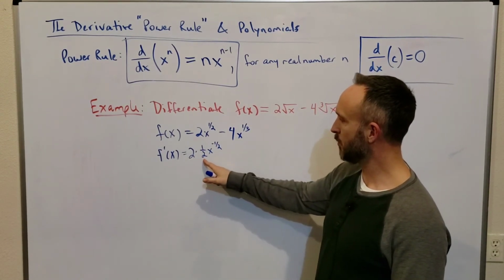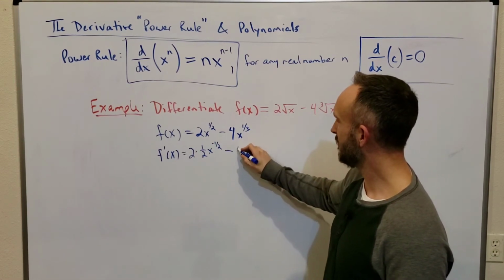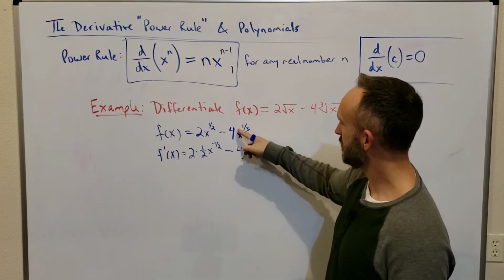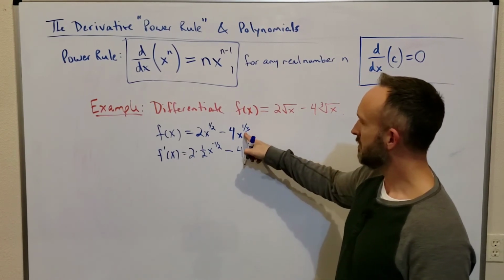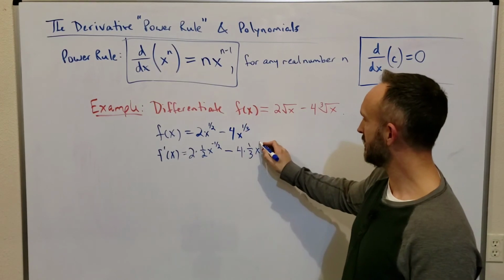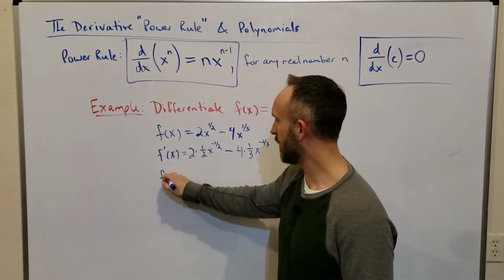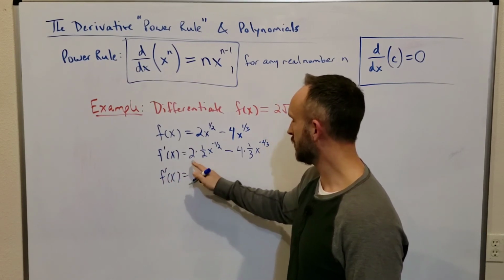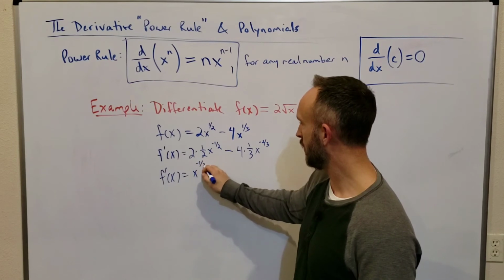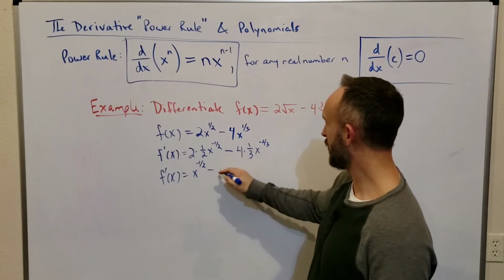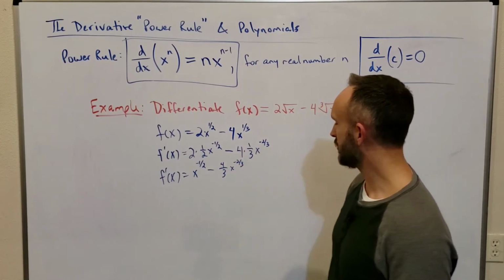So that's 2 times 1/2 x to the negative 1/2 power. Minus 4 times, move the exponent down, so that's 1/3 x. Lower 1/3 by 1, which makes it negative 2/3. And so we end up with f prime of x equals, well, 2 times 1/2 is 1, so this turns into x to the negative 1/2 minus 4/3 x to the negative 2/3.